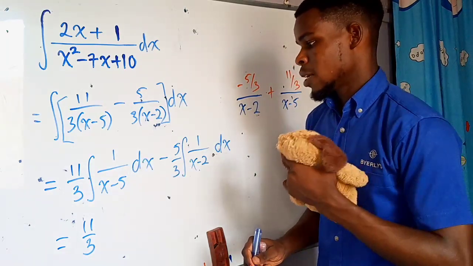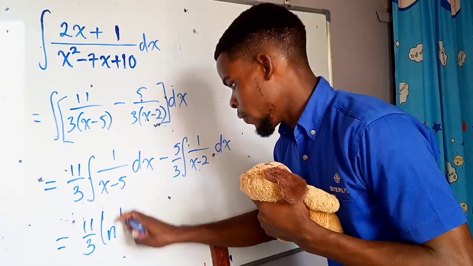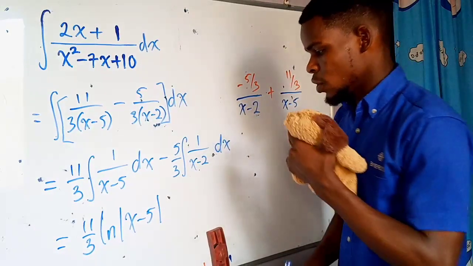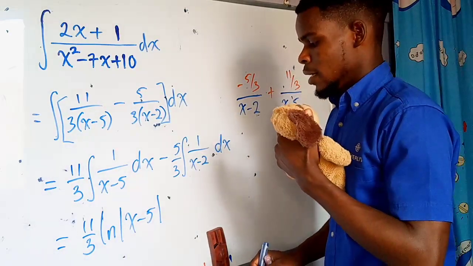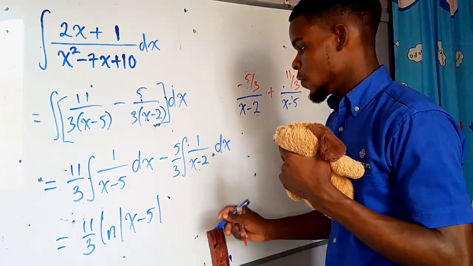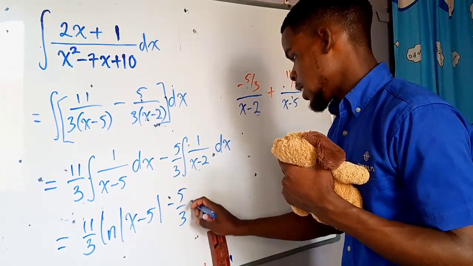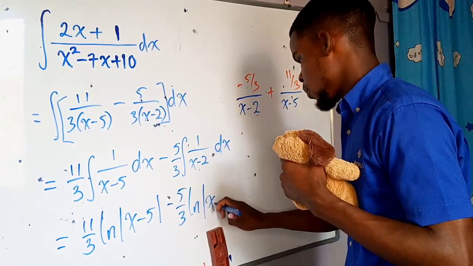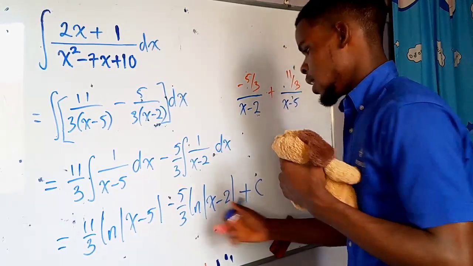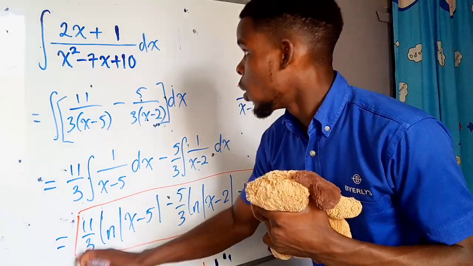That tells us this integral will just give us the ln of x − 5, and you know that the logarithmic function exists for positive numbers only. So this is going to become minus 5/3 times the logarithm of x − 2. And then we add an arbitrary constant to that. And this right here is the antiderivative of the function we were given earlier.